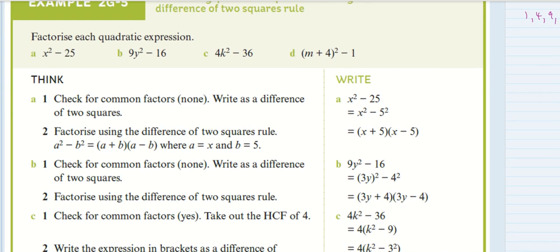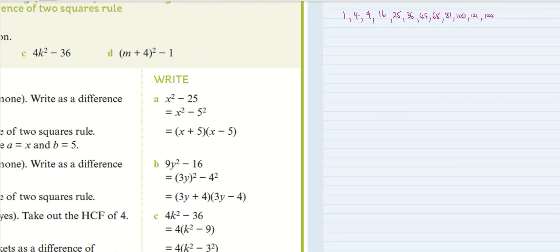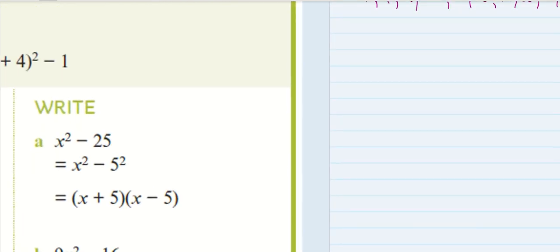So let's have a look at our first one. x squared, take 25. Well, the square root of x squared is x, and the square root of 25 is 5.